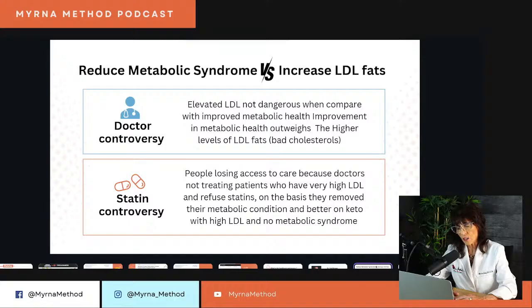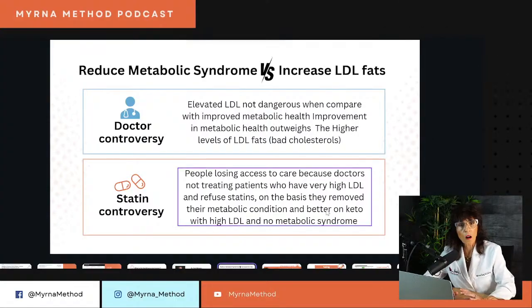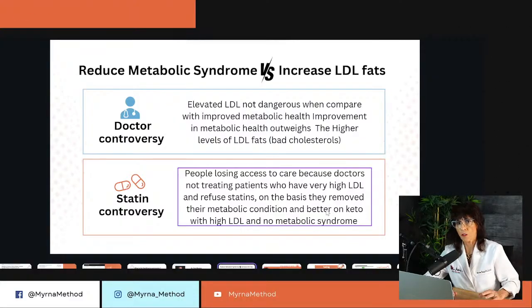And where some of this controversy is coming from is that people are losing access to care, which is kind of crazy. Like, when I heard this was going on, I'm like, what? Yeah, doctors are getting all up in a tizzy because they're seeing these elevated LDLs, but the patients no longer have the metabolic disease. They're like, oh my God, I got rid of my diabetes. I've lost 100 pounds. My blood pressure's gone down.